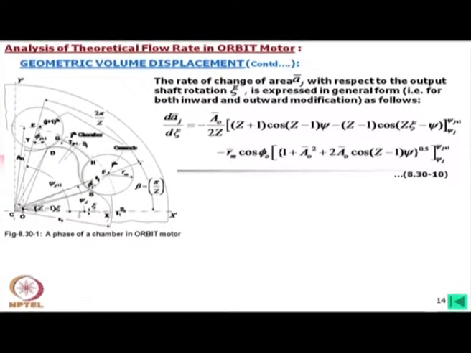Now, what we have done, we have first calculated this area. Now, here we have derived the rate of change of this area with respect to the shaft rotation, which now becomes in this form.